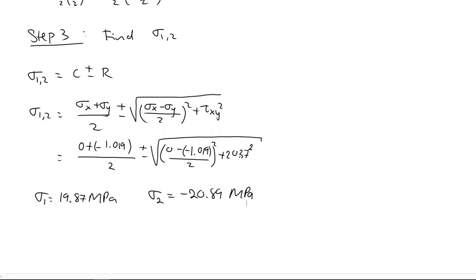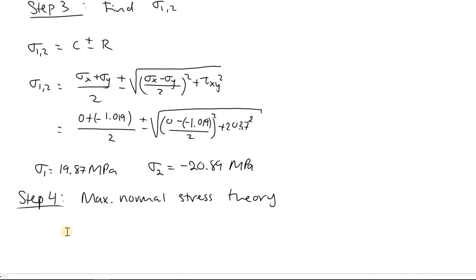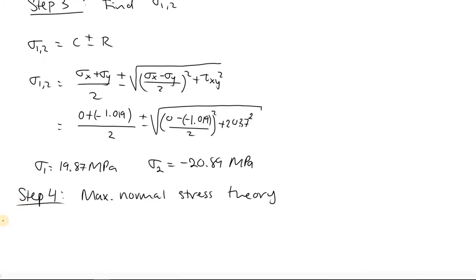So we're not done there. We have our final step, step 4. We want to find if this is safe. So we're going to apply the maximum normal stress theory. And what does our maximum normal stress theory say?